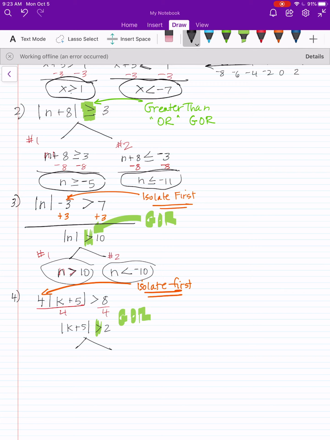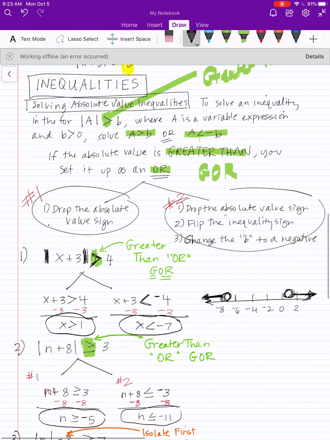So I'm going to split it into 2. And those two, number 1 and then number 2. So the first setup is just drop the absolute value signs and keep everything the same. The second one is drop the absolute value signs, flip the inequality, and make B negative. And when it says B negative, I'm referring to right up here.